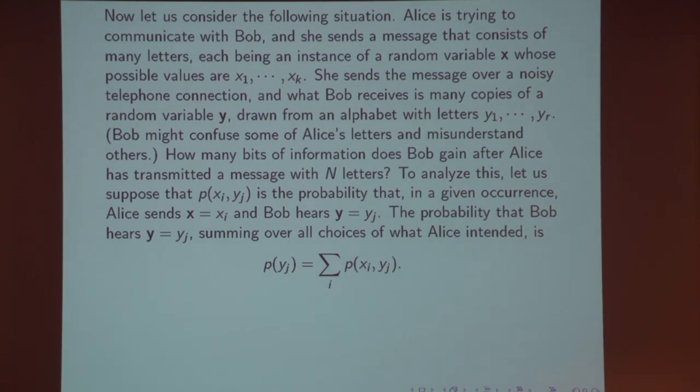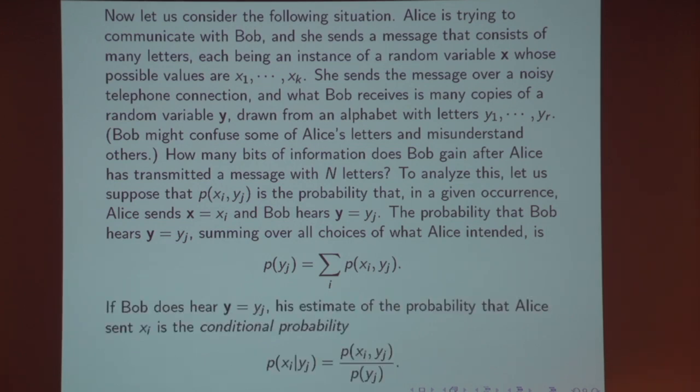Well, we need to introduce a joint probability distribution, p of x and y. It's the probability that Alice sends xi and Bob hears yj. Well, the probability that Bob hears yj, irrespective of what Alice intended, is gotten by summing the joint distribution over whatever Alice might have sent. And if Bob does hear yj, then he tries to estimate what Alice sent. And his estimate is what's called the conditional probability.